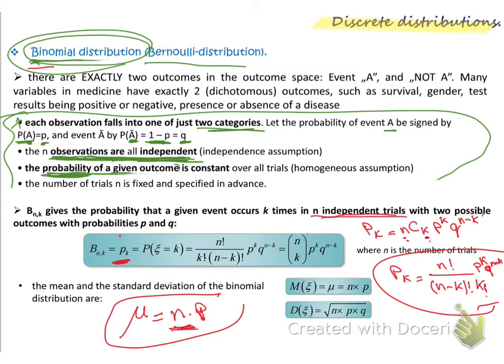So N P will be the mean, mu, or mean M. The standard deviation will be the same thing, N P, but multiplied by Q. Standard deviation is more complicated than the mean, so we add Q and put them under a square root. So N P Q under the square root gives me the standard deviation.